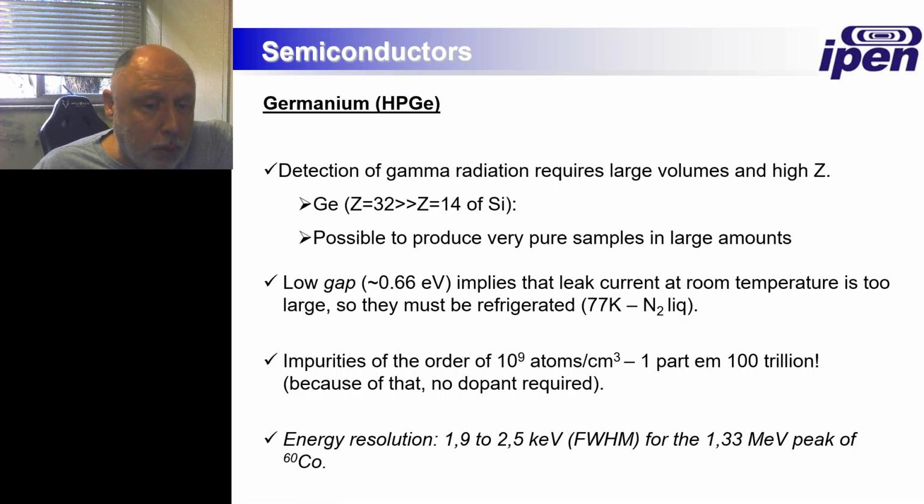This means 1 part in 100 trillion. Just let it sink in. For each 100 trillion germanium atoms, you can have 1 atom that's not germanium, right? So there you see, it will be expensive. And because of that, you do not require those dopants. The energy resolution is very, very good. You've seen it before, and I'll show it again later.